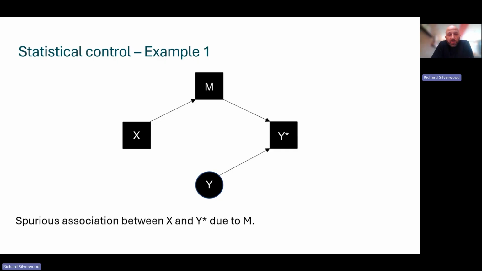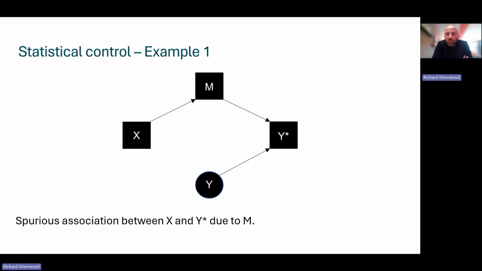And the arc from our exposure X into M signifies that there's selection into mode on the basis of X. So we're interested here in the causal effect of X on Y. And we can see through the absence of an arc from X to Y that there's in fact no causal effect of X on Y here. So when we conduct our analysis, we would hope to obtain a null estimate.